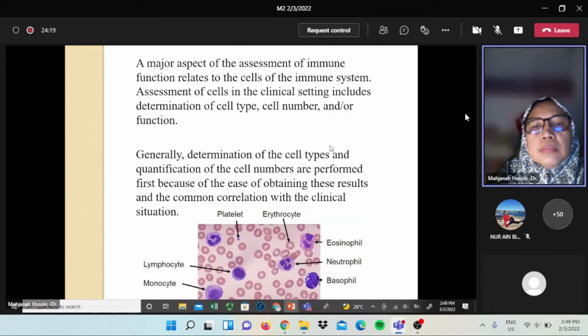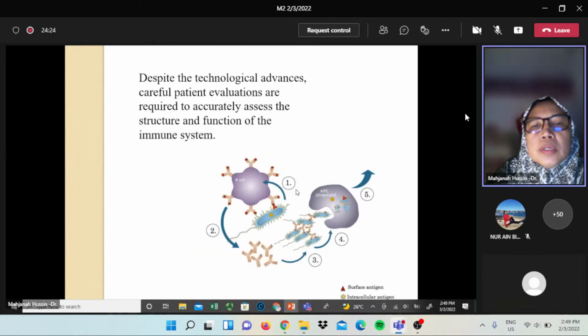As you know, whenever there is a bacterial infection, it will get stuck onto the antibody on top of the B cell. It could be your macrophages. It could be any antigen presenting cell. Remember that?